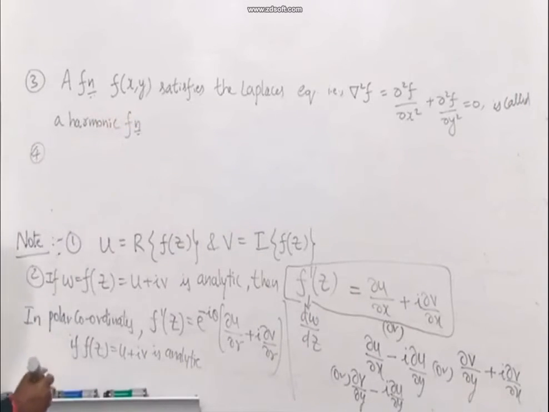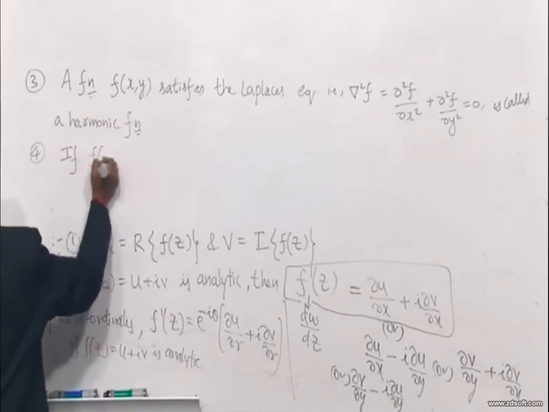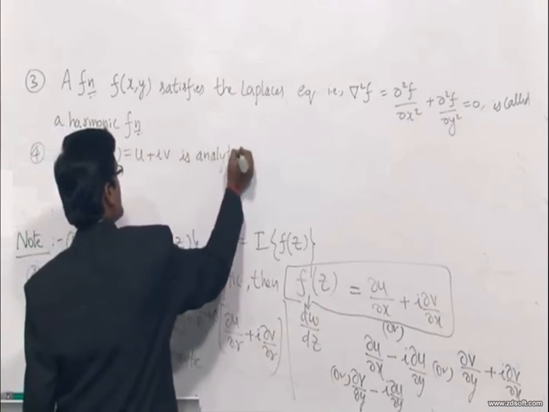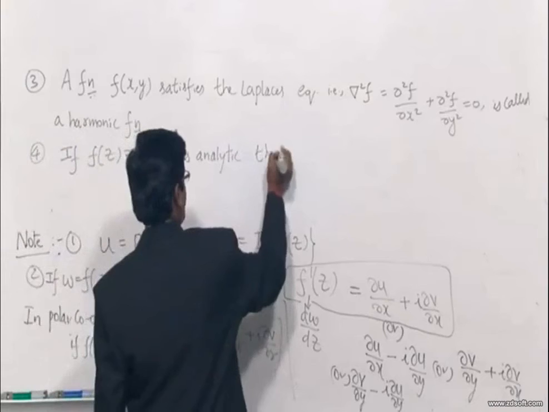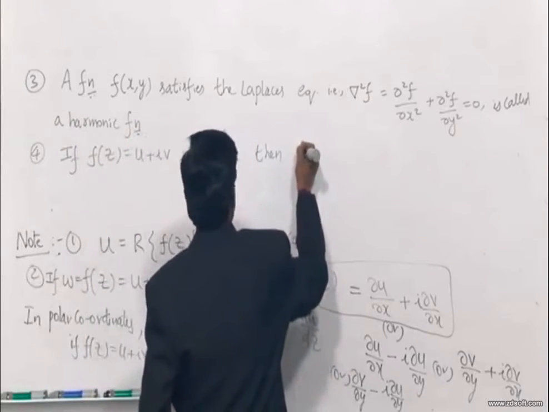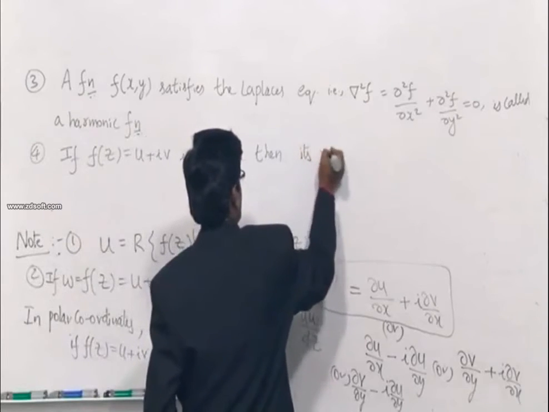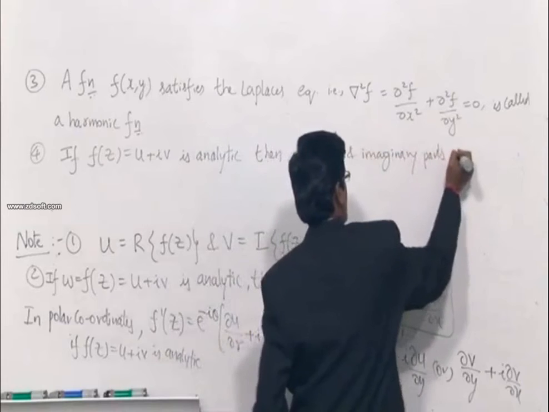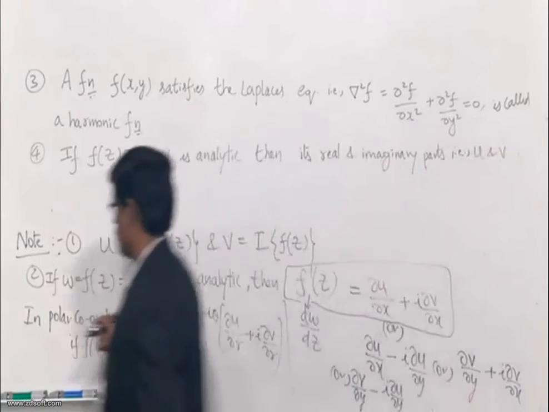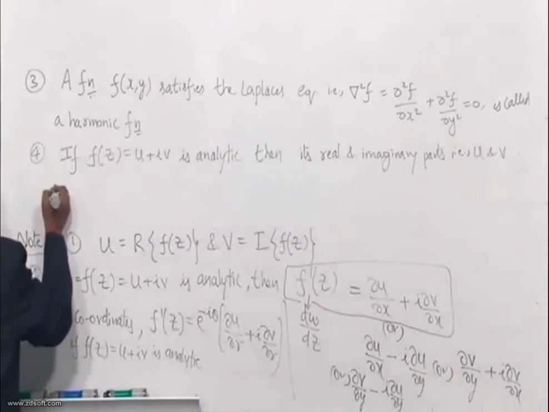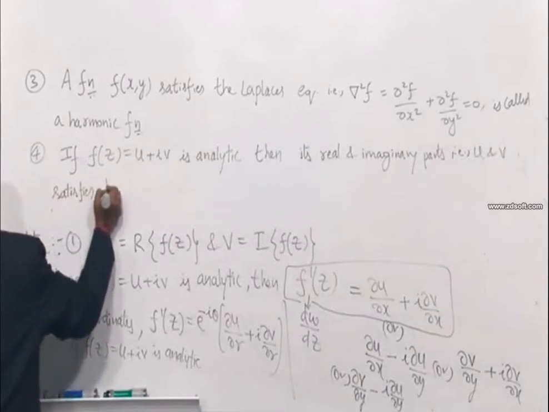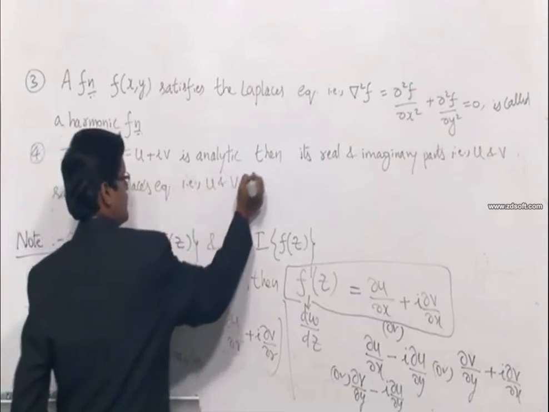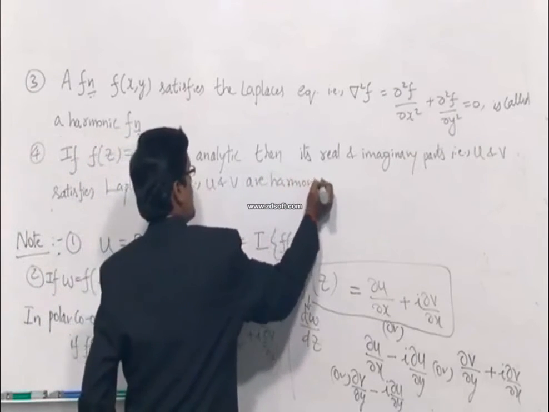Fourth one, if f of z is equal to u plus iv is analytic, then its real and imaginary parts, that is u and v, satisfy Laplace's equation, that is, u and v are harmonic.